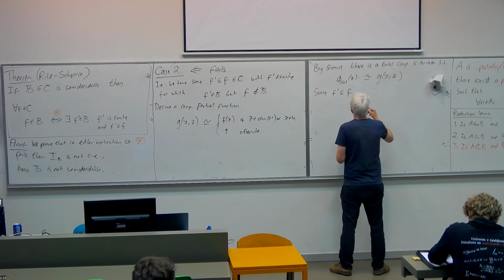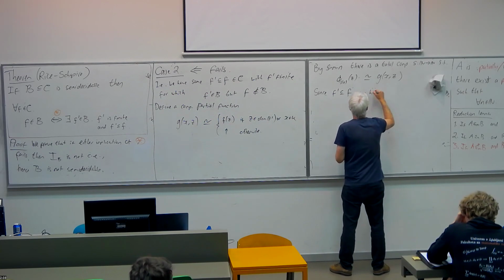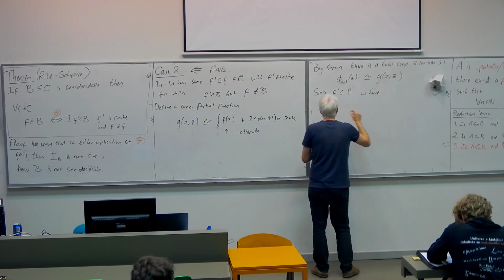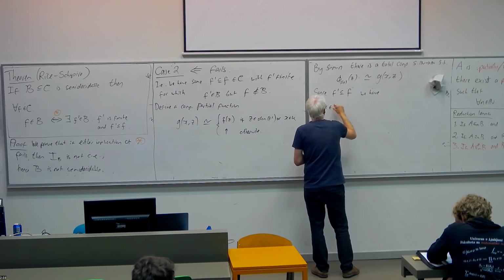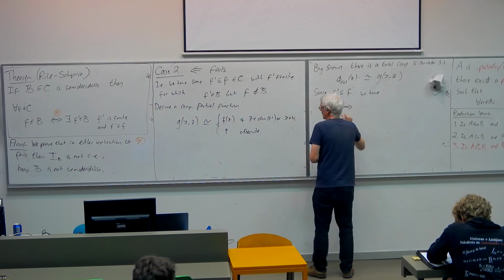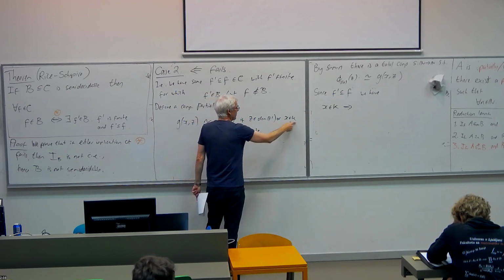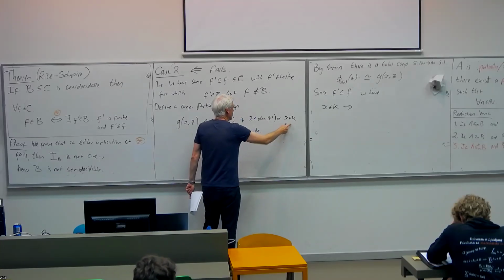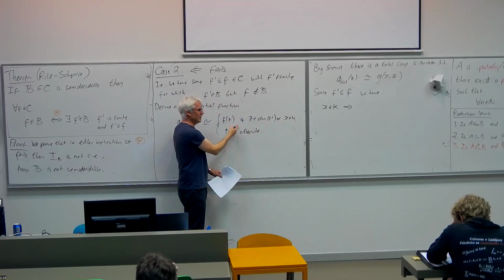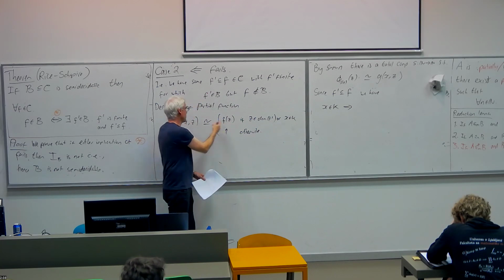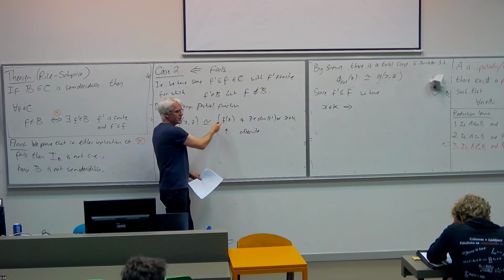The definition of G gives us, in this case, if x belongs to K, then what happens? Well, then the second part of this condition is always true. So we're always in the first clause, and we're simply returning f of z for any z.